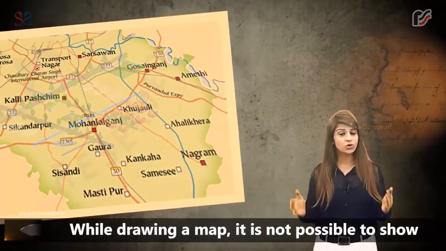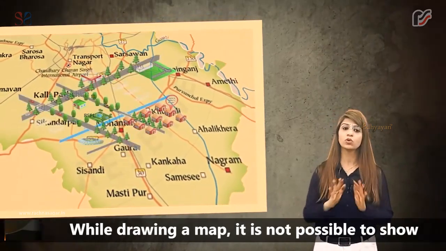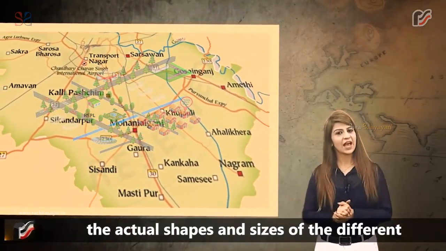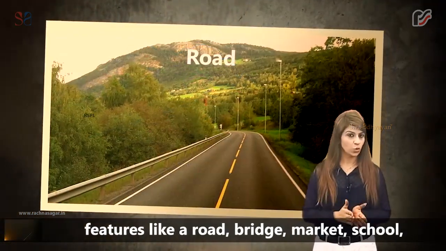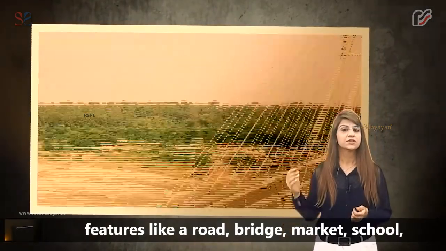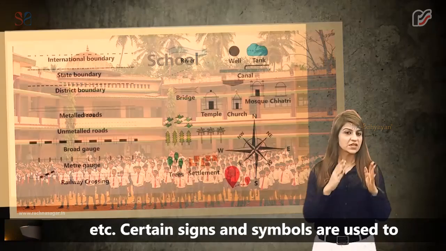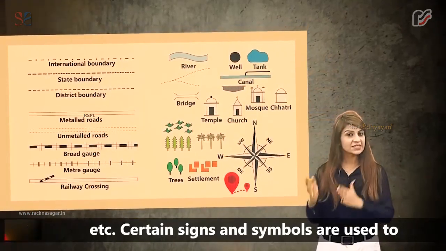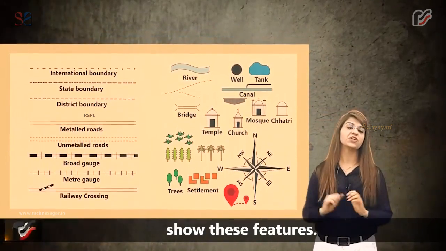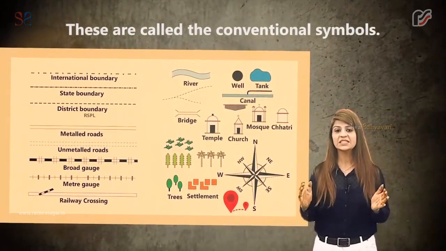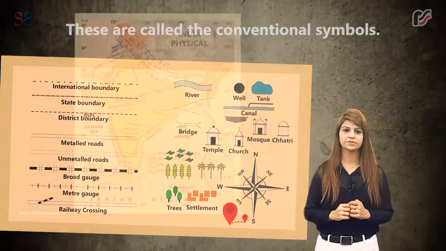Symbols. While drawing a map, it is not possible to show the actual shapes and sizes of the different features like a road, bridge, market, school, etc. Certain signs and symbols are used to show these features. These are called the conventional symbols.